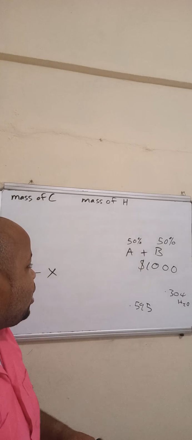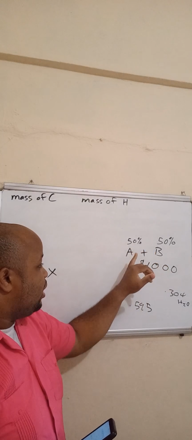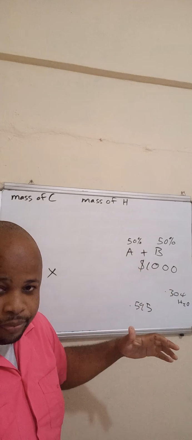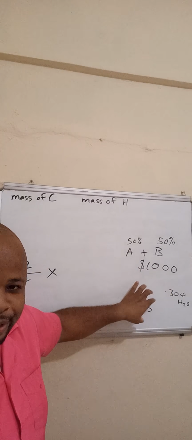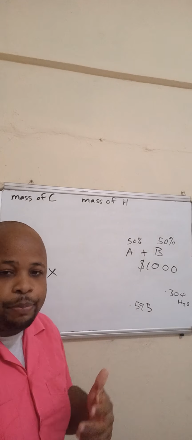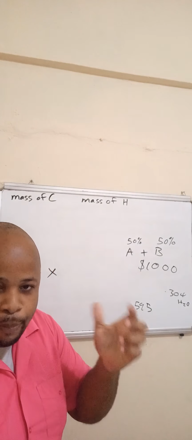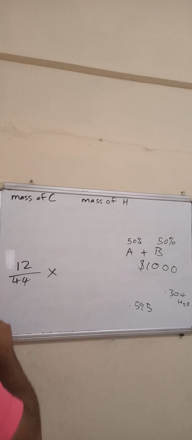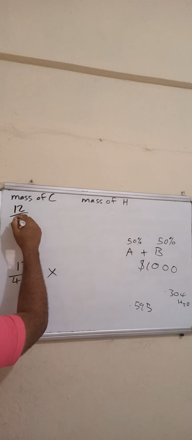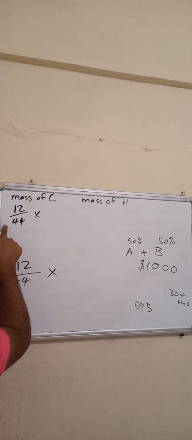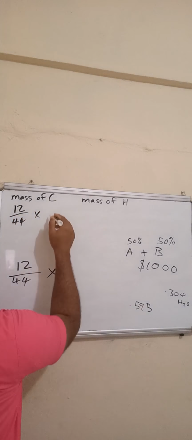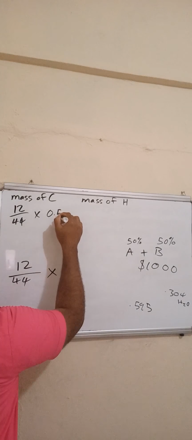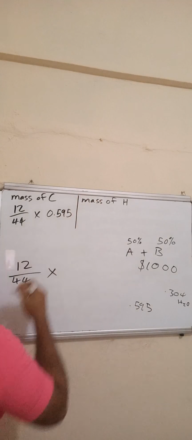So just like person A would get 50% of whatever total you have, in the mass of carbon dioxide, 27% of it is due to carbon. So in this question, if I want the mass of carbon, all I have to say is 12 divided by 44, which is 27%, and multiply it by the given mass of carbon dioxide, which is 0.595.